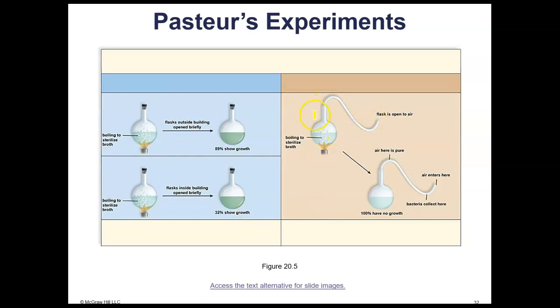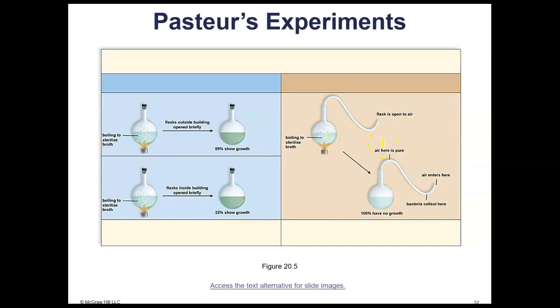Well, you do the same experiment, but you use this opening here that has kind of an S shape. It kind of goes up and then down and then up again. So what happens is, even though the flask is open to the air, you boil the broth, kill all the bacteria.